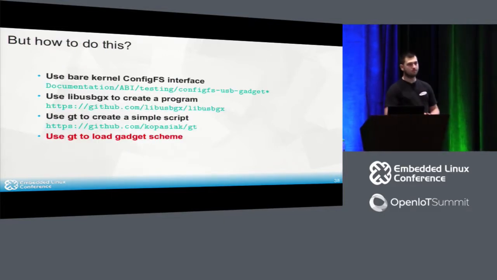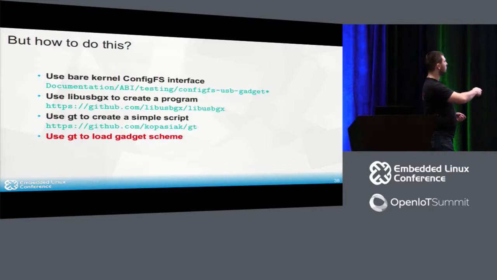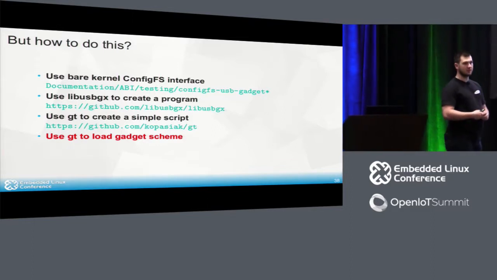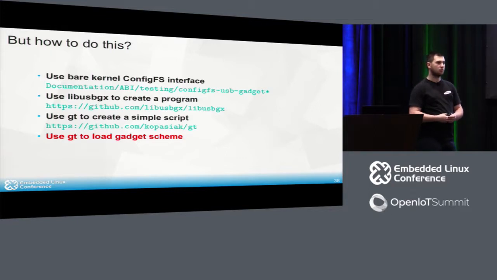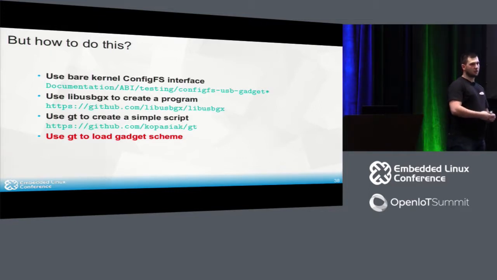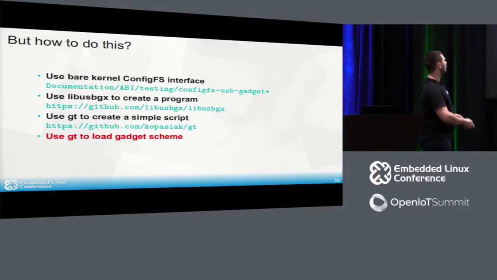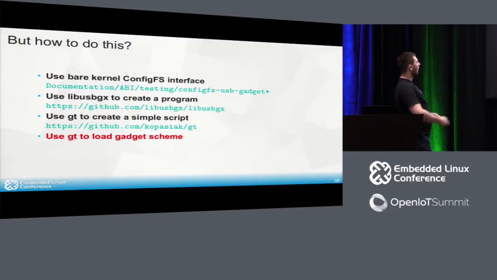How can we do this? First of all, we may use the bare kernel configfs interface. Configfs is a generic file system which allows you to create kernel objects and configure them. So we may use the file system operations. Here is the documentation for this interface, and set up our gadget. Well, yes, we can.